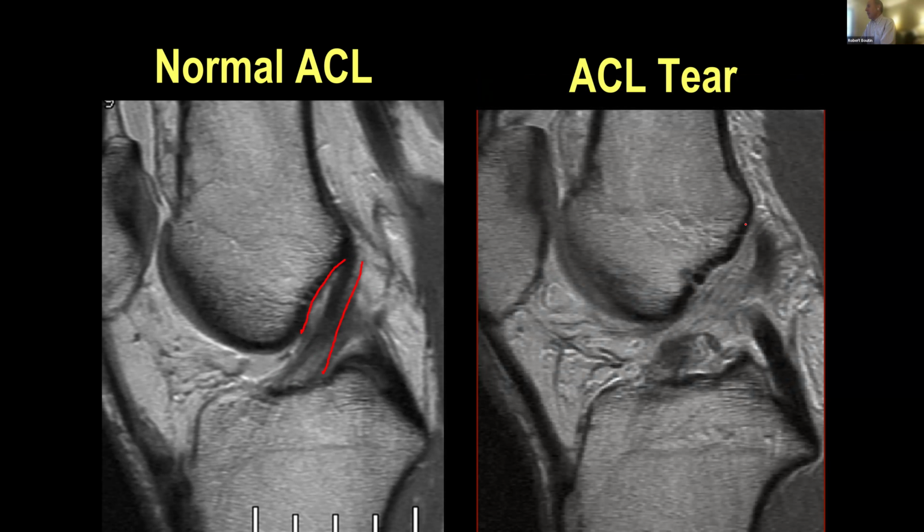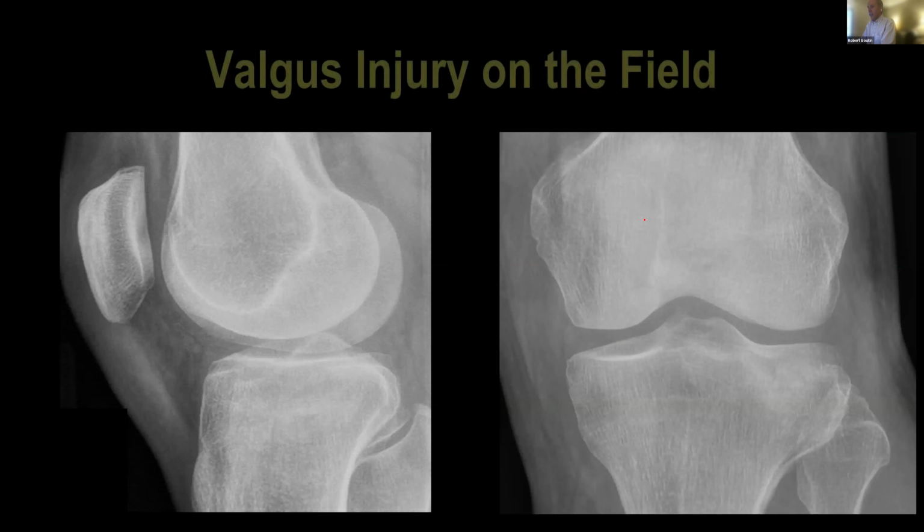And when it tears, you see the proximal stump often looking unhappy with an area of discontinuity between sort of a lax proximal stump. Here's this discontinuity. Here's the distal stump that's lax and looking pretty horizontal compared to the slope of Blumensaat's line. So normal ACL and an ACL tear that's complete.